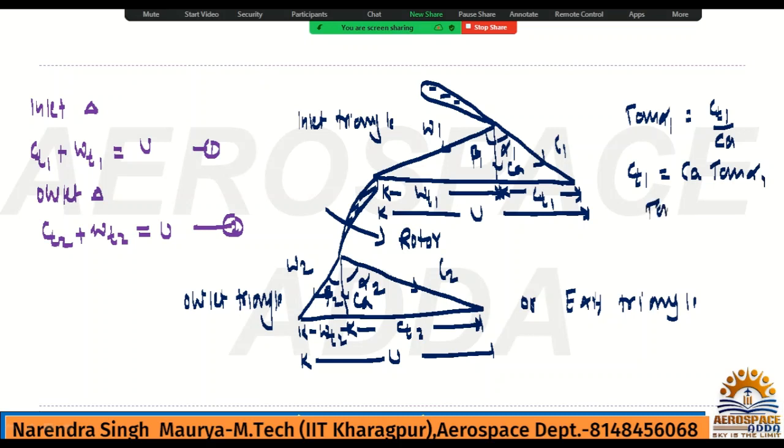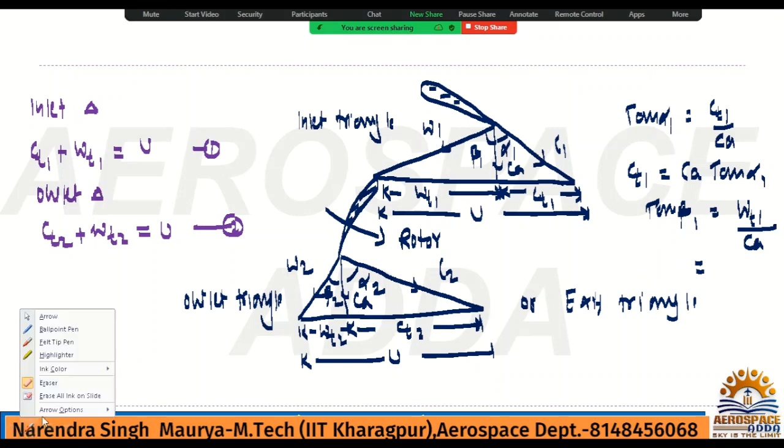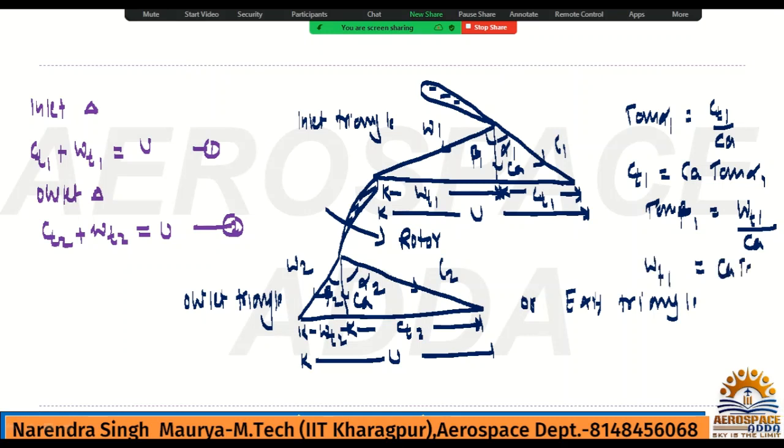Similarly, tan beta 1 is nothing but WT1 divided by CA, or WT1 is equal to CA tan beta 1.